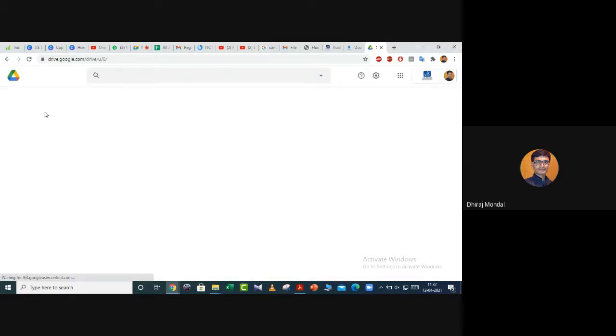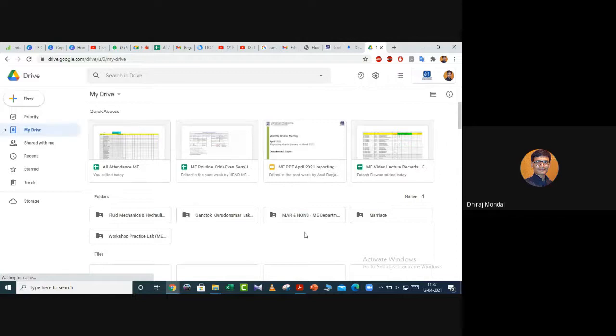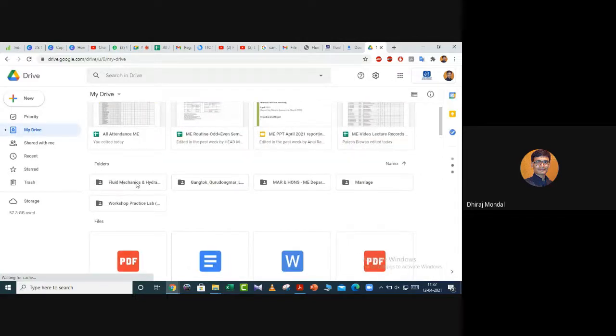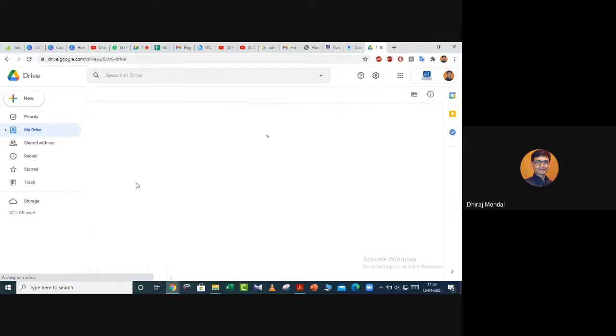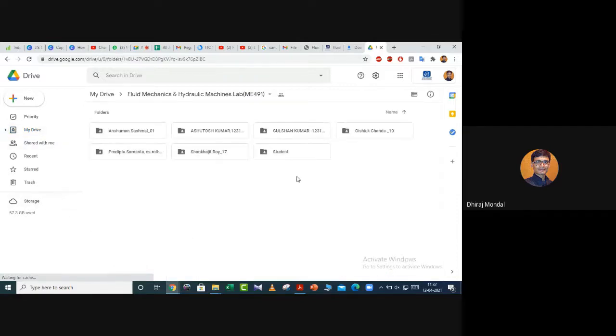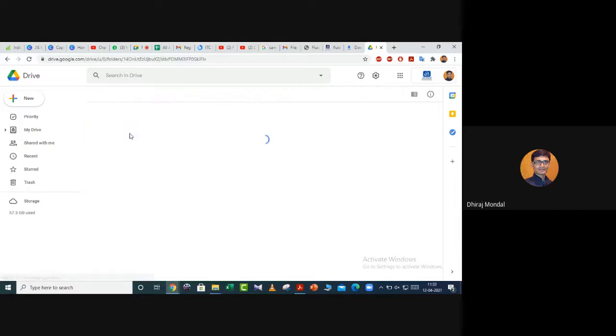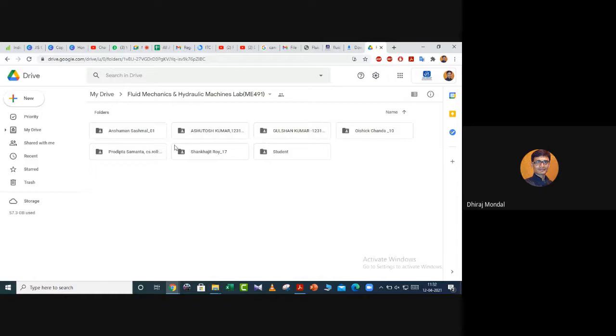So what you have to do, fluid mechanics and hydraulic machines lab. You can see in this folder, this link I will provide you. Here you can see the names of the students: Angshuman, Ashutosh, Gulshan, Oichik Chando. They have provided something. Here they upload the particular experiment by snapshot, made into a PDF file.